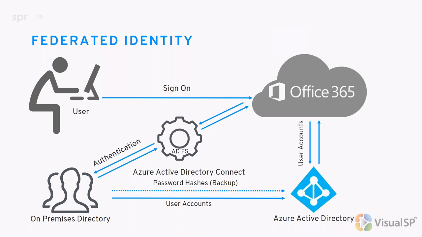So when the user signs on to Office 365, Office 365 actually passes through the sign-on experience to the on-premises directory. And then the on-premises directory confirms that, yes, the sign-on was successful or not. And that's through something called Active Directory Federation Services, which is that little gear in the middle called ADFS.